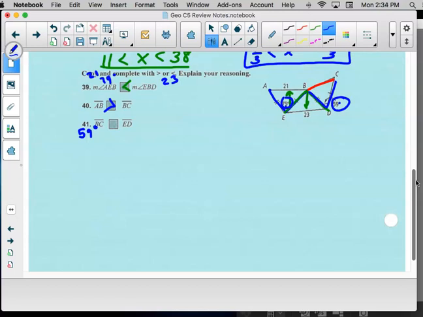So if segment BC is across from a 59 degree angle, then ED has to be greater than BC, because ED is across from an angle that's bigger than 79 degrees.